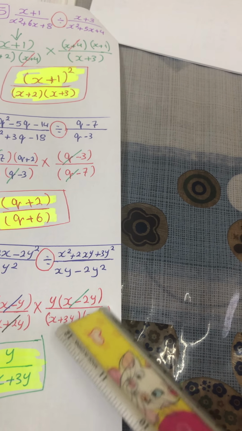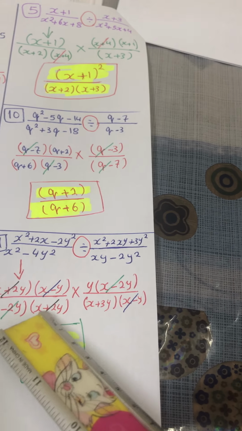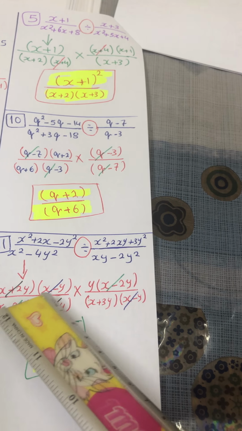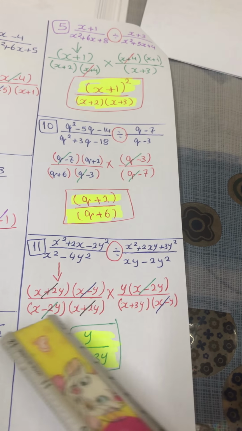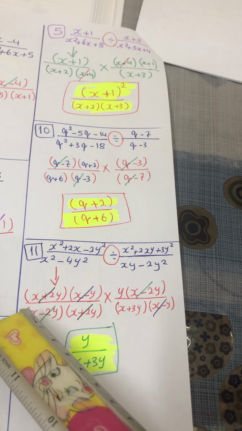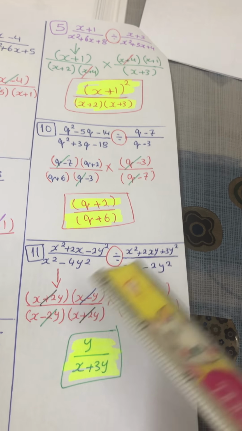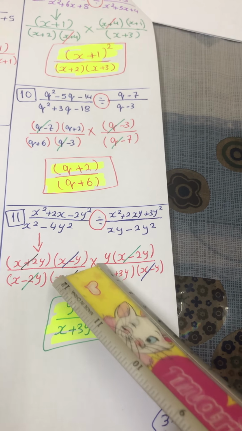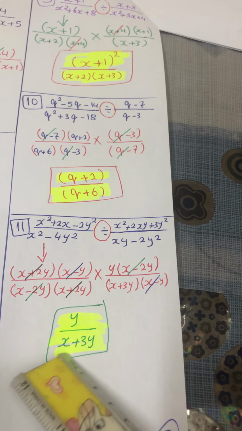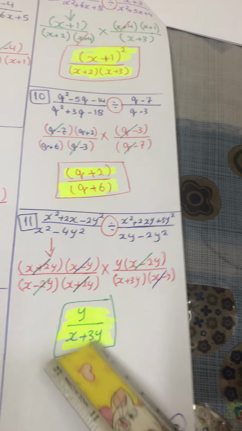Cancel x minus 2y over x minus 2y here. I make the same color, x minus y with x minus y, and here x plus 2y with x plus 2y. The answer will be just y up over these brackets down, x plus 3y.